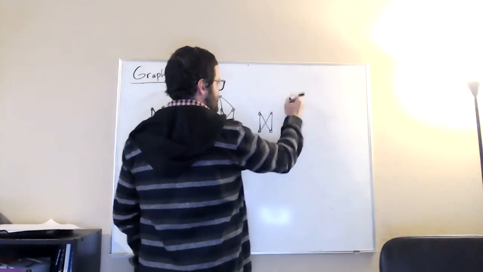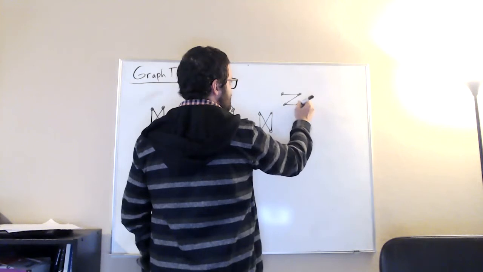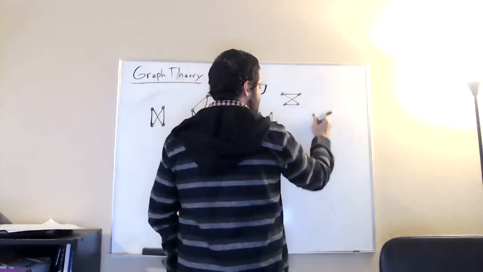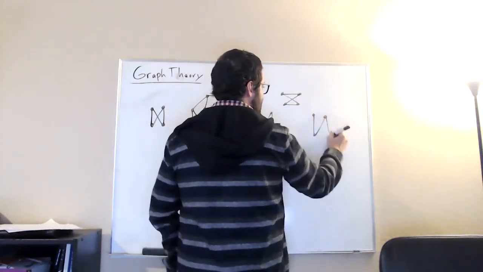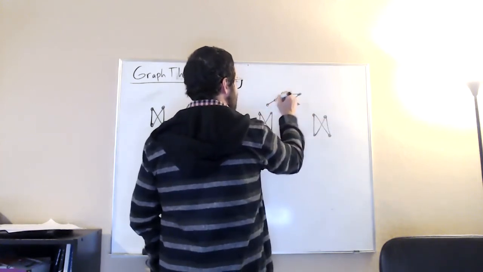So these all belong to the same family. You don't even know what these are. I'm just illustrating that if you can notice a pattern, you can just build bigger and bigger members of the same family.